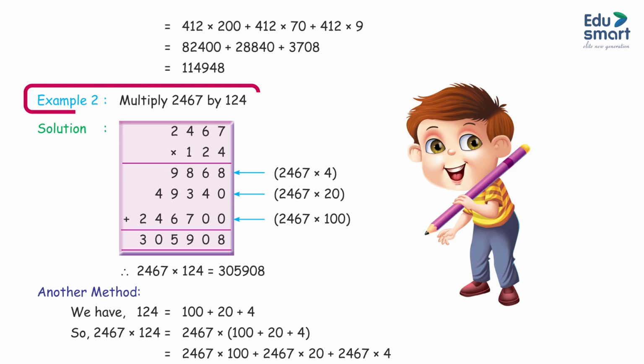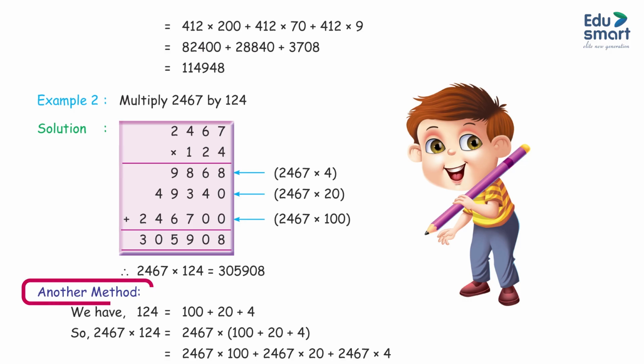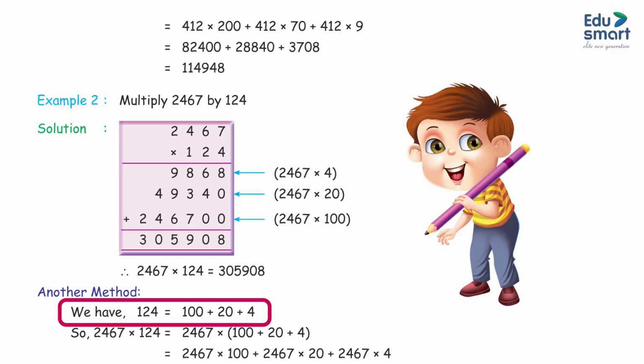1,14,948. Example 2. Multiply 2,467 by 124. Solution: 2,467 into 124 equals to 3,05,908. Another method, we have 124 is equals to 100 plus 20 plus 4.